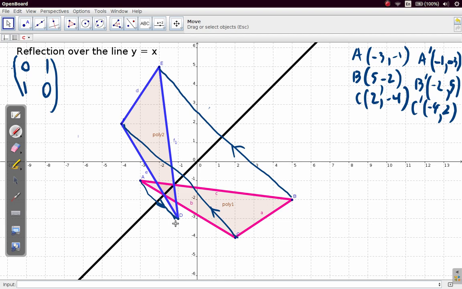All right, so there we have it, reflection over the line y = x.